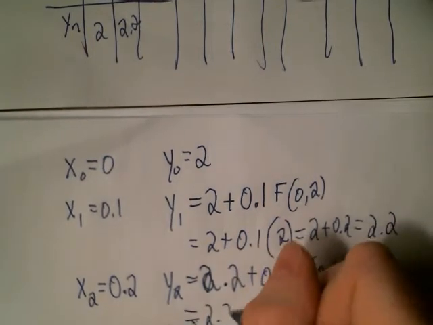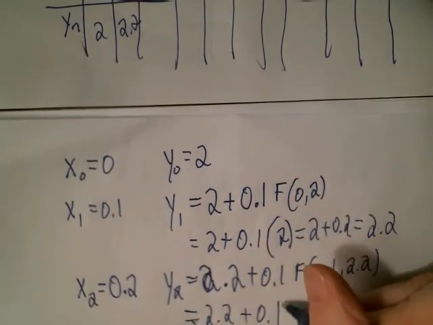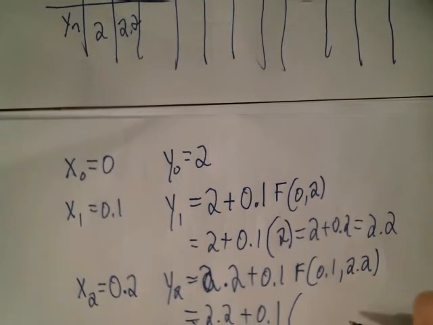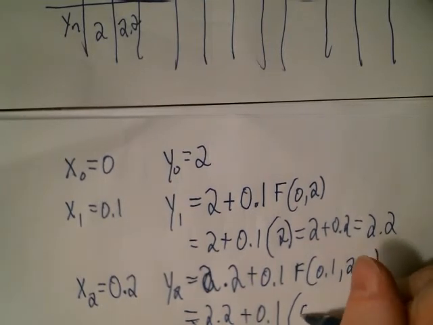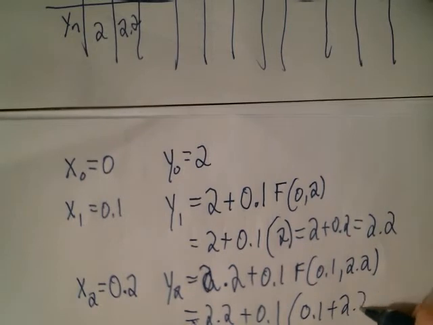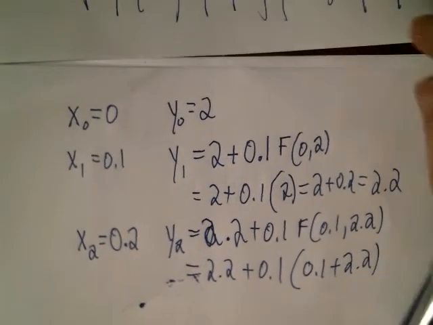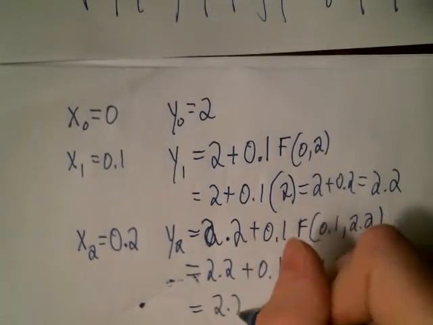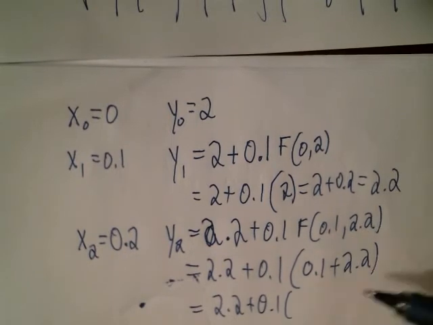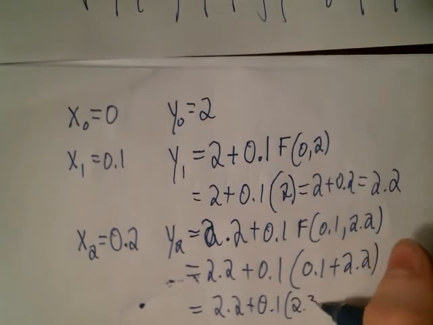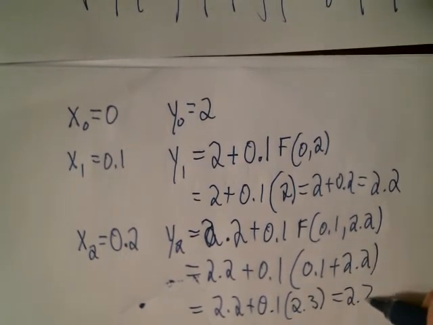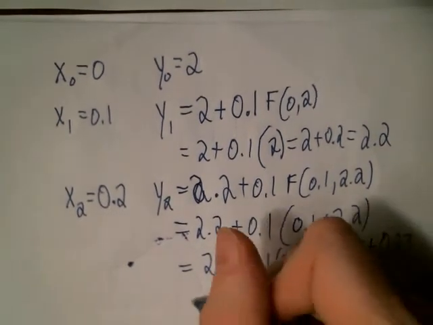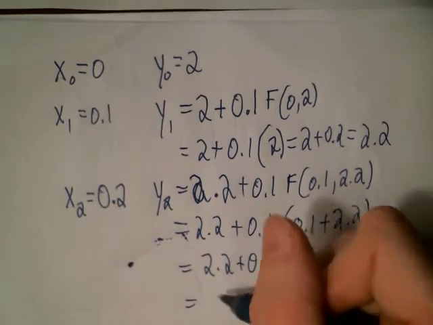So that'll be 2.2 plus 0.1 times f of that, so 0.1 plus 2.2. And then when all is said and done, that will be 2.2 plus 0.1 times 2.3. So that'll be 2.2 plus 0.23, and that'll be 2.43.